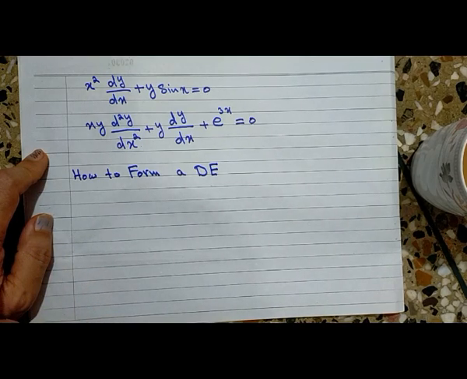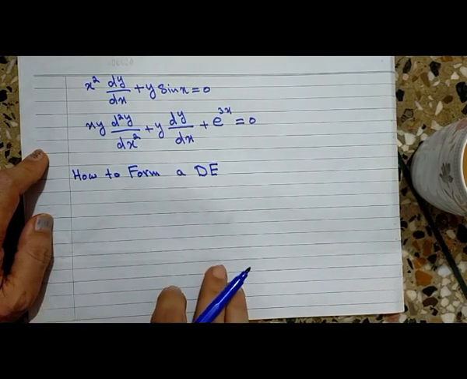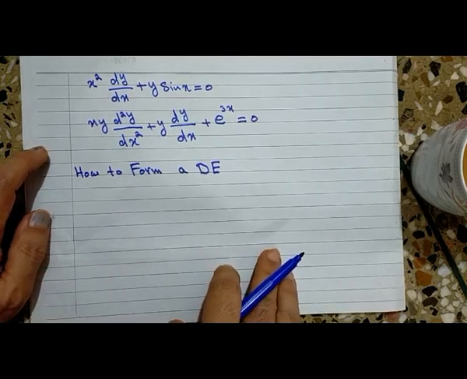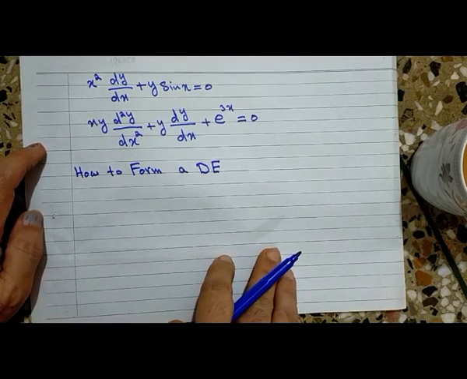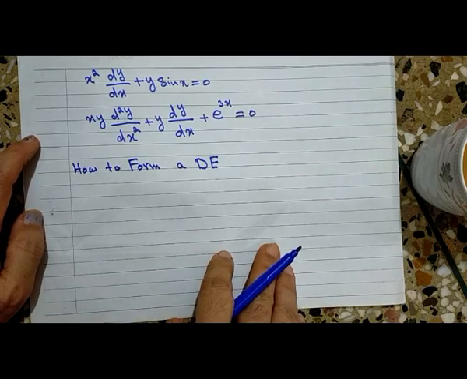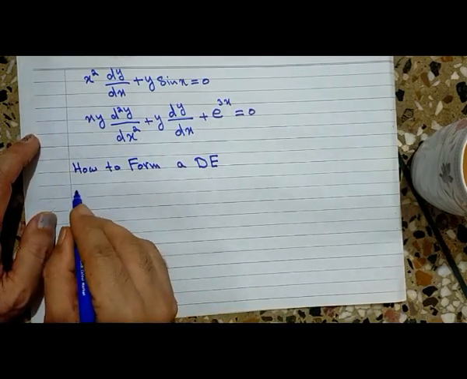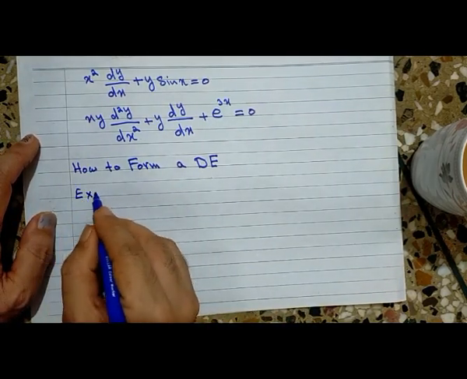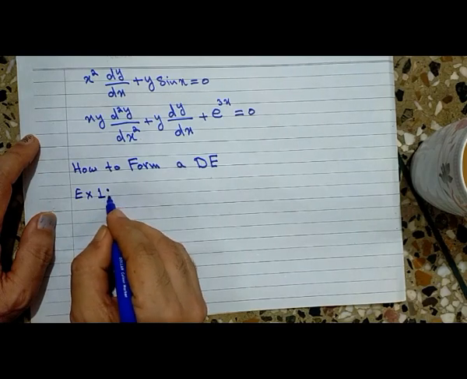Here are a few examples. With the help of these examples, we'll try to understand what I actually mean by elimination of the arbitrary constants and the order of the differential equation. So, this is the first example.